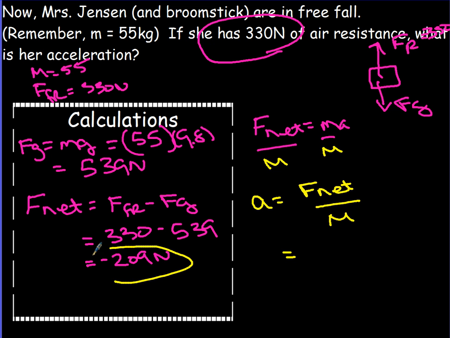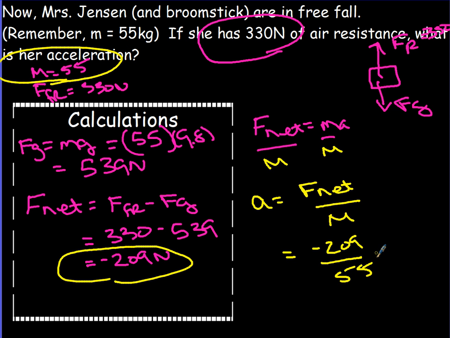F net is negative 209 divided by the mass, which is 55. So I get an acceleration of negative 209 divided by 55, or 3.8 meters per second squared, which is less than gravity.